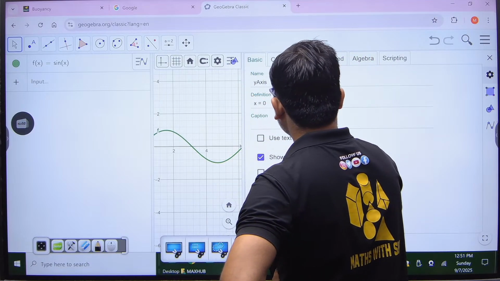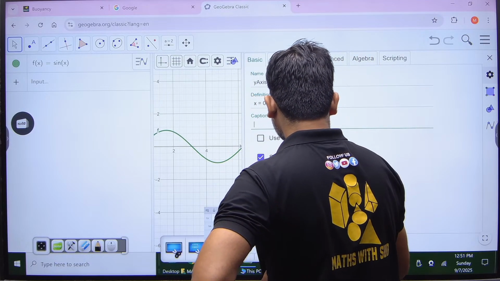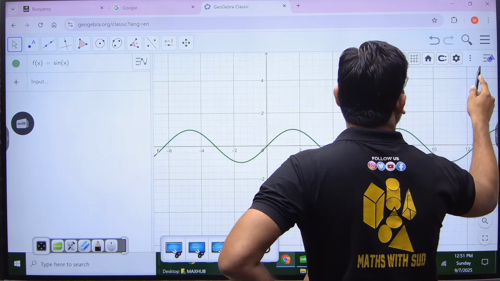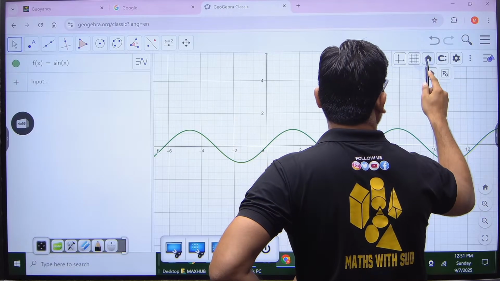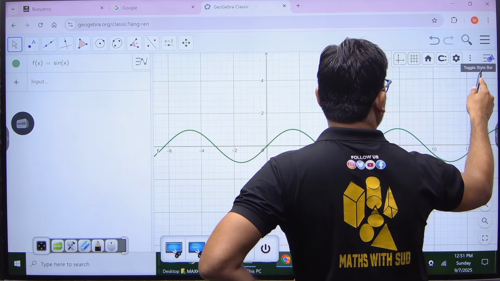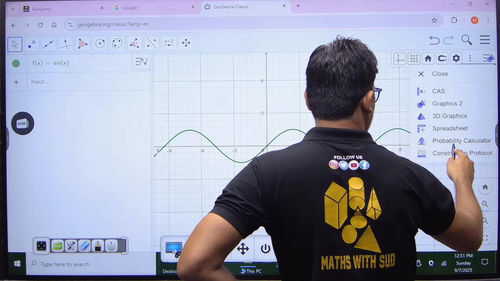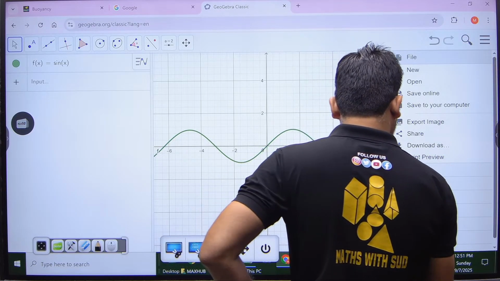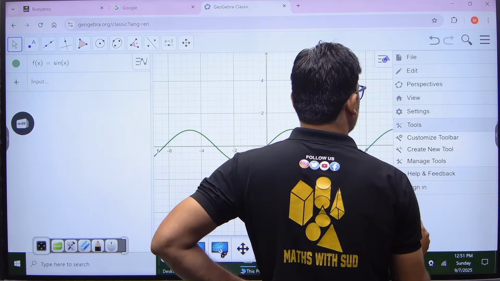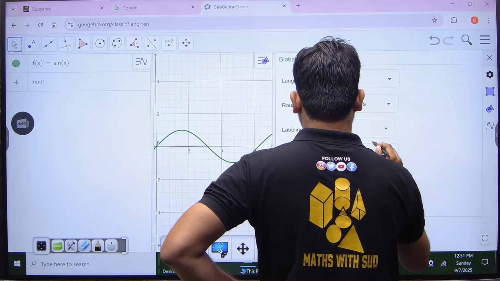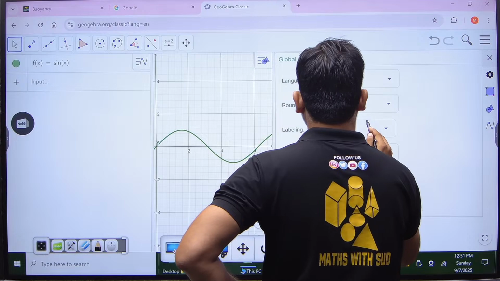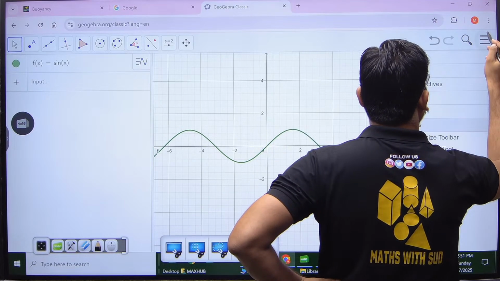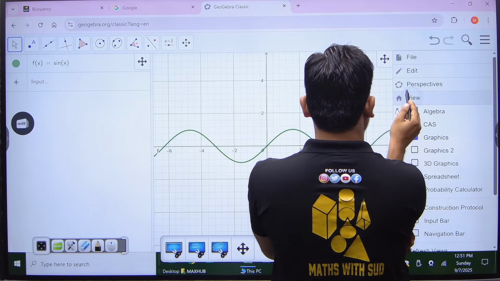I wanted to take the x-axis. I don't know why it is not coming. Local style. Download, edit, perspective tools, labeling, rounding off, file view.